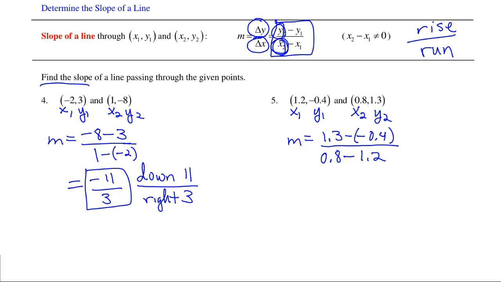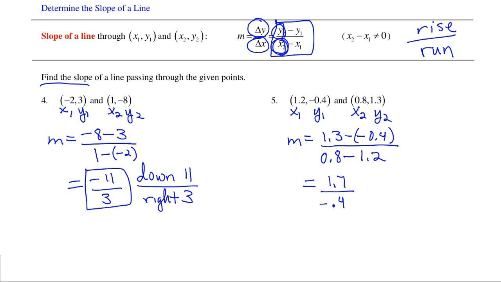And then we're going to simplify. So on the top, that's really 1.3 plus 0.4, so we'll have 1.7. And then we'll divide that by, let's see, we have 0.8 minus 1.2, so we would have -0.4, it looks like.